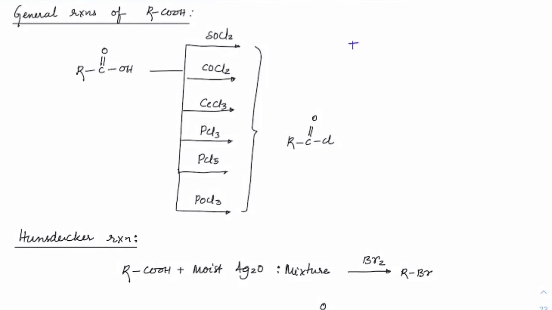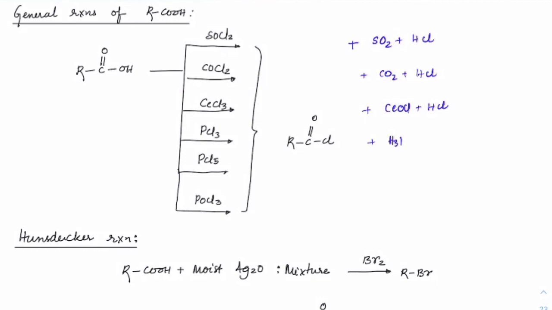Here we'll get SO2 plus HCl. Here we'll get CO2 plus HCl, got it? Here this will become COCl2 plus HCl, okay, sorry, COCl and HCl.